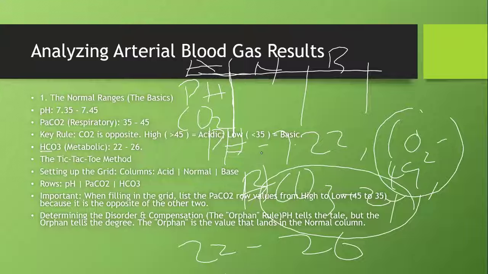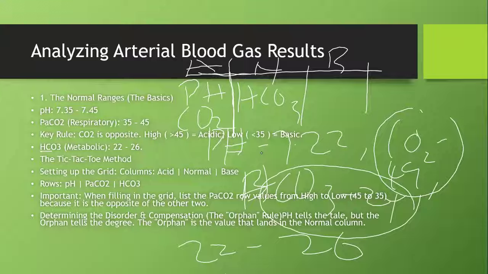So now we can name it as respiratory acidosis. Now, this is the basic interpretation: based on what I give you, it is respiratory acidosis. But let's come to the bicarbonate.